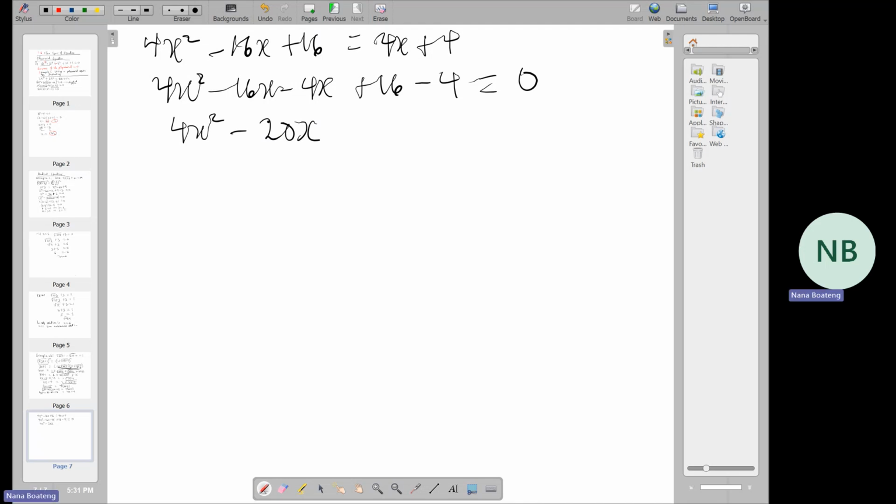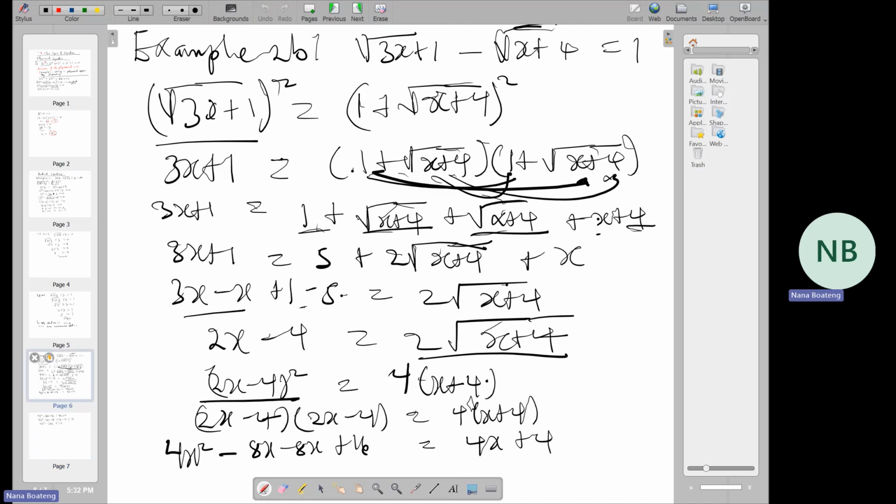Let me see whether I made a mistake anywhere along the line. So we started with 2x minus 4 squared is equal to 4 times x plus 4.